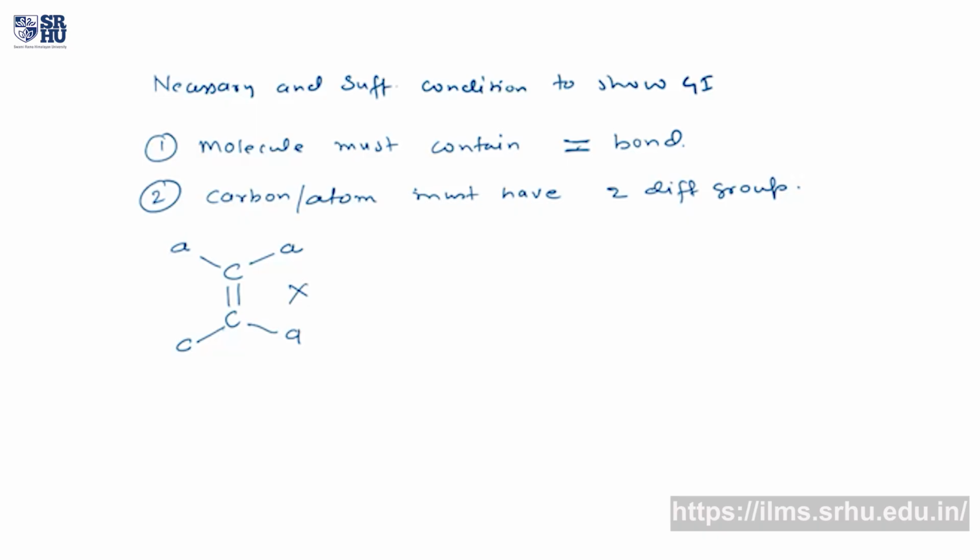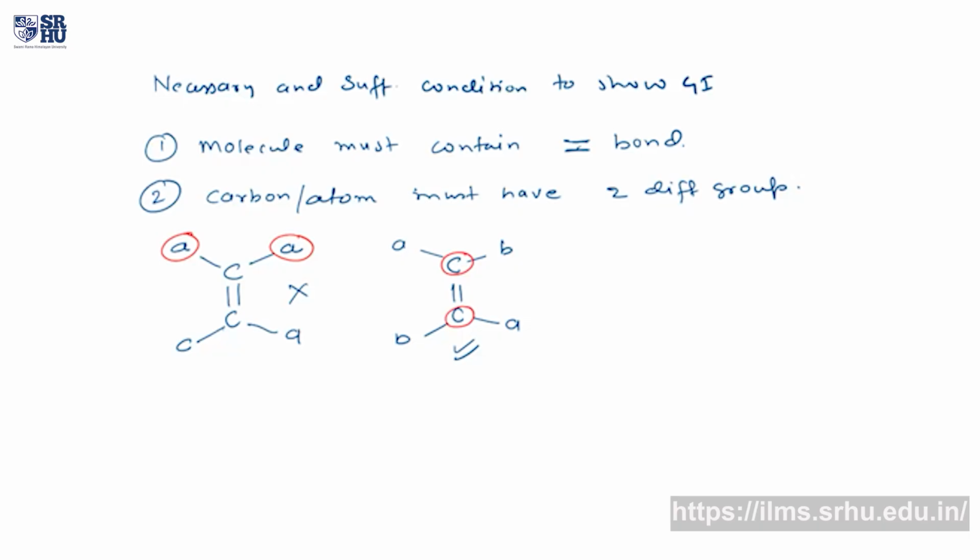Because the two groups on the carbon are the same. Can a carbon having groups A and B on it be doubly bonded to another carbon having groups A and B on it? Yes, this can happen, and this will show geometrical isomerism. It doesn't matter whether the two carbons have the same groups or different groups.